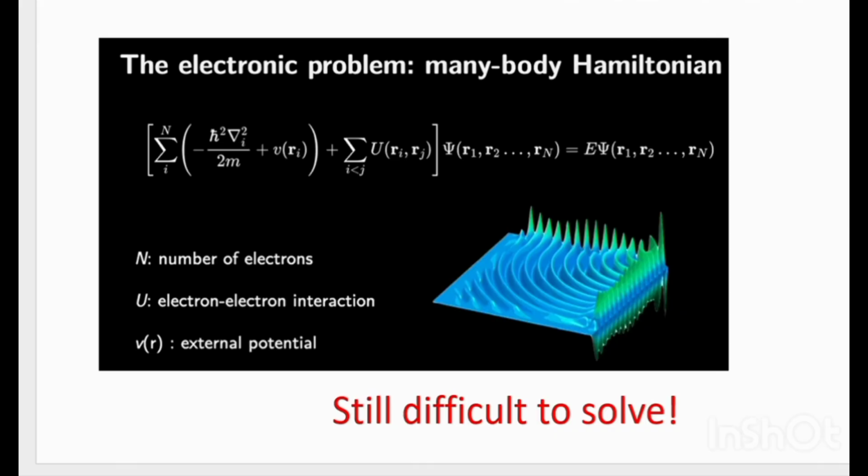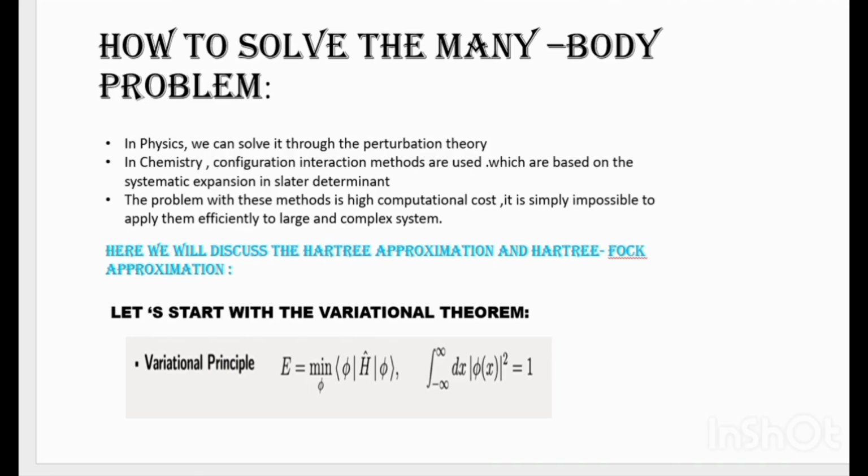The variation principle states that we can try multiple wave functions, and the one that gives the lowest energy is our ground state wave function. So we are interested in the ground state energy, because the variation principle is applied to the ground state energy.